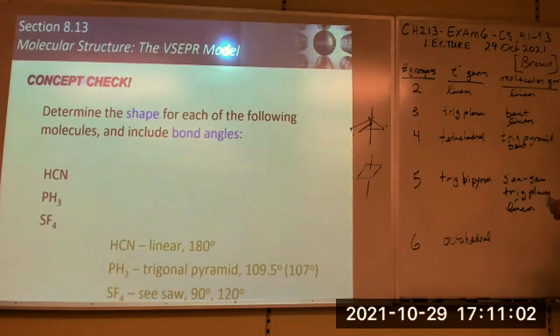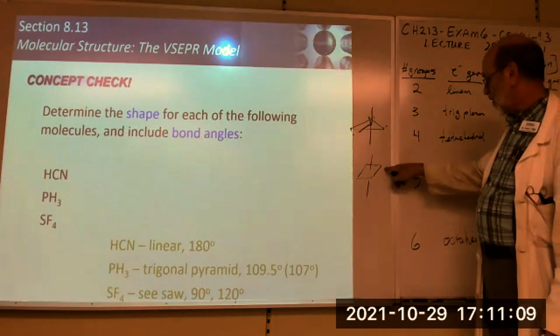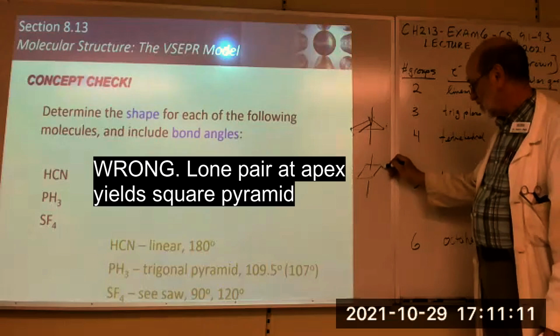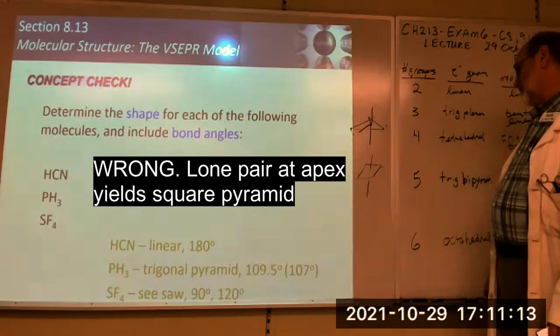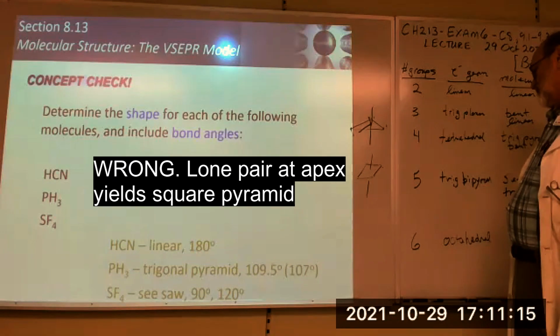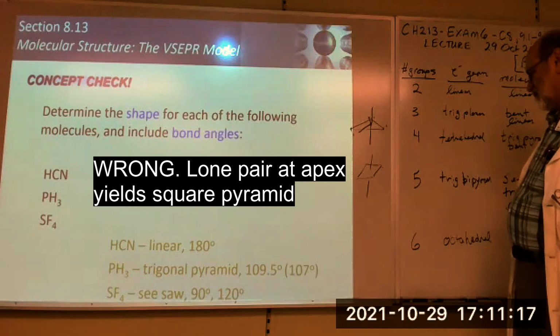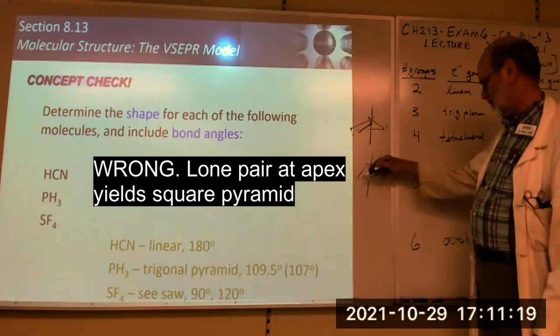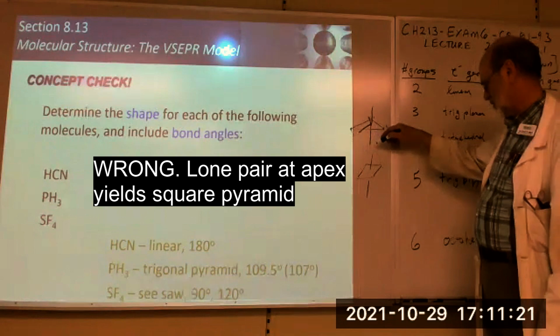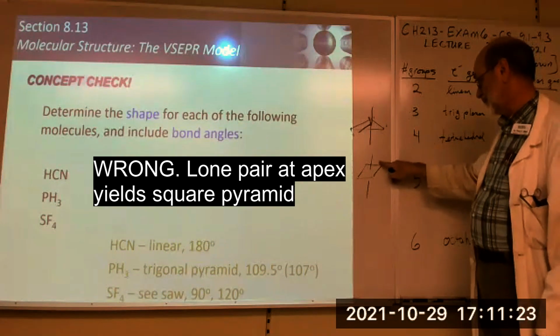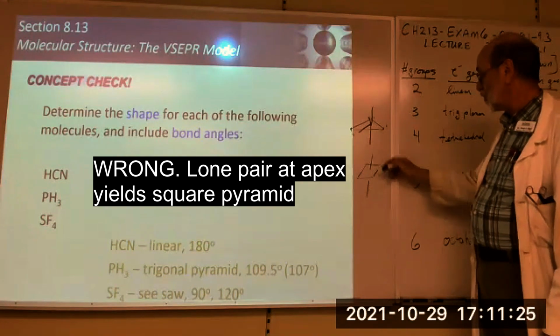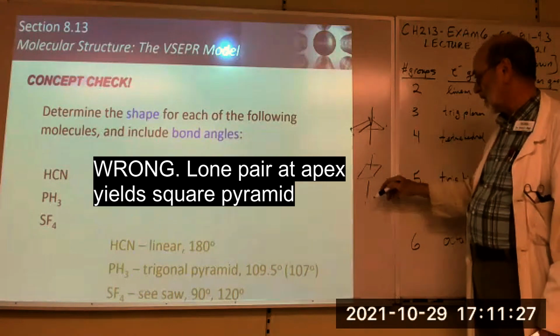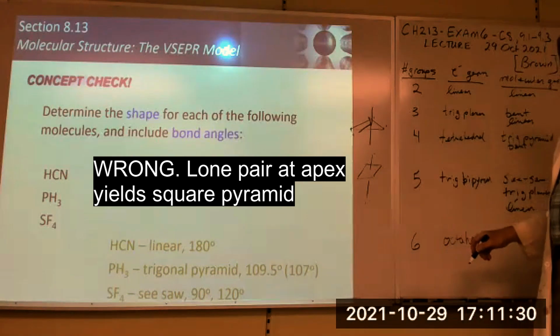Okay, so if we're missing 1 on this one, where would it go? Well, it'd probably be an electron pair there. And then what do you have? I'm not sure what you have there. I don't know. If you have 2, they're going to go here like that. So you have square planar.